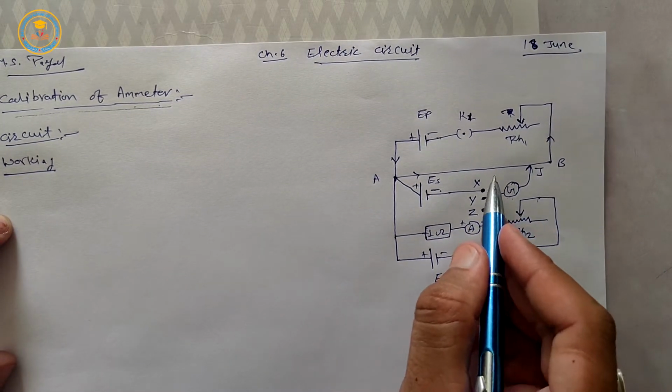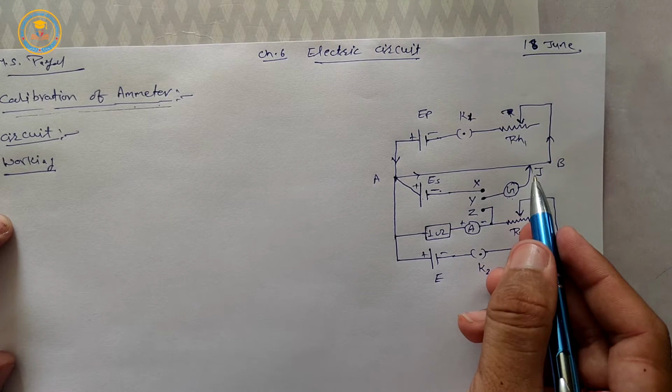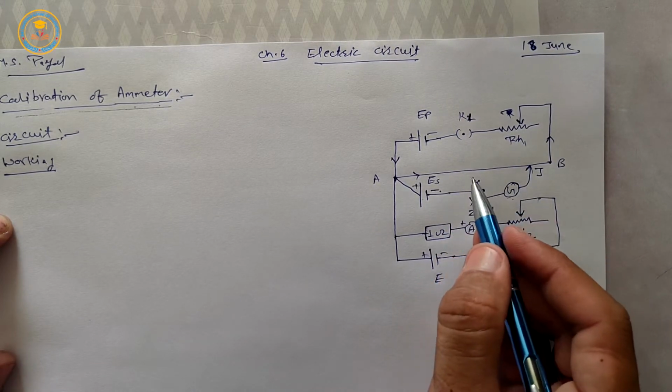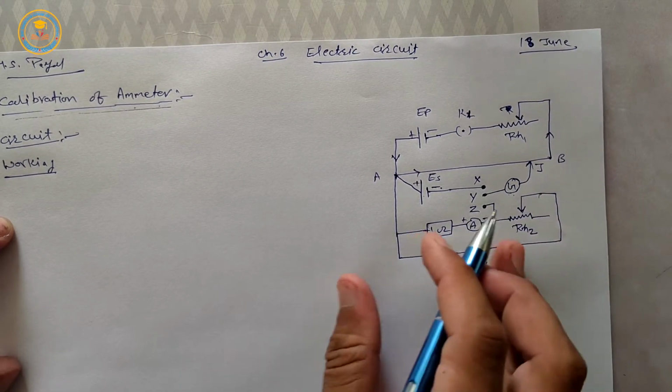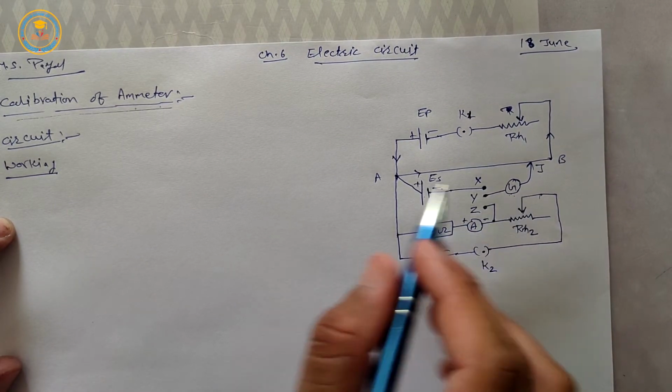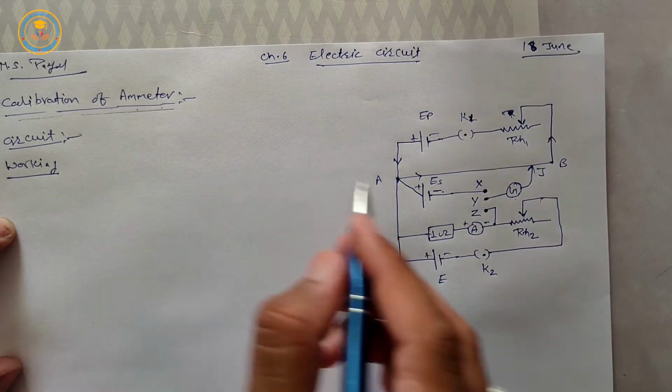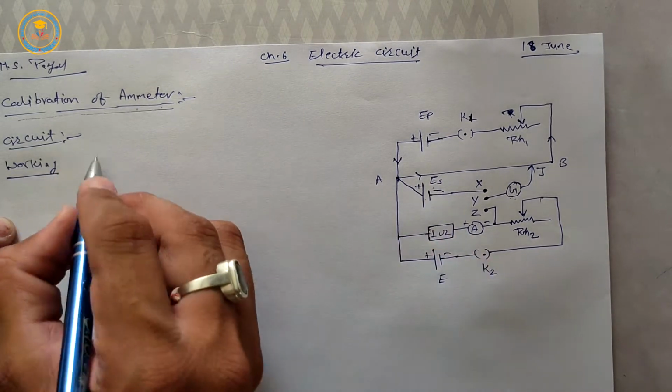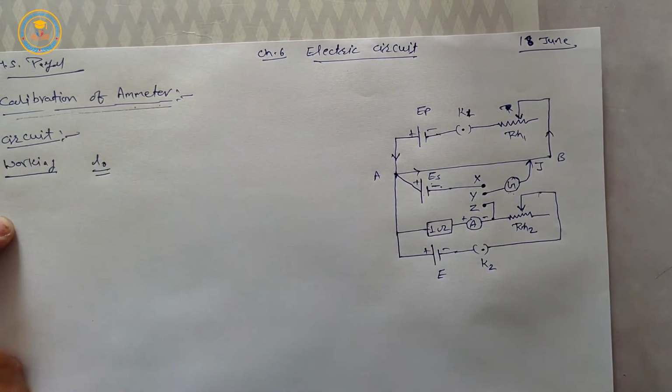Now for zero deflection, we move the jockey on the wire AB. Suppose in zero deflection, the balancing length for this standard cell is L0.